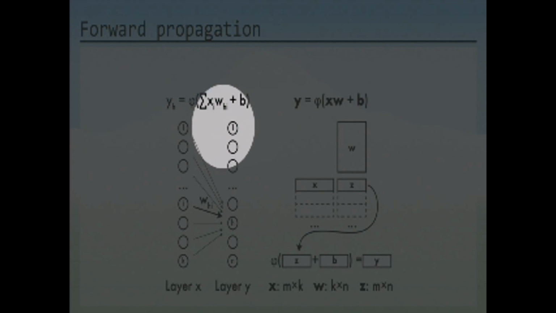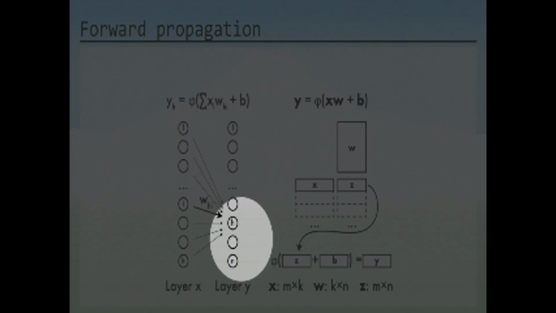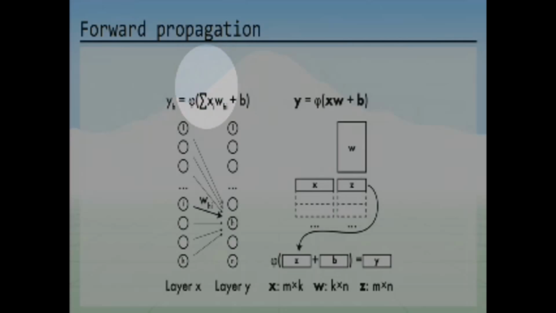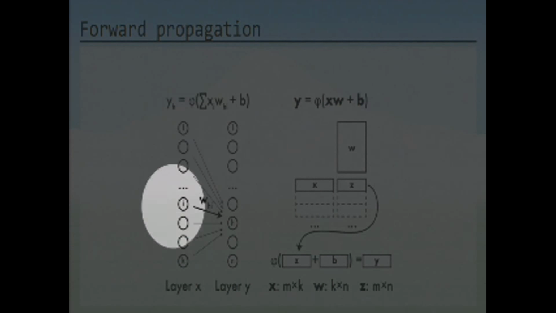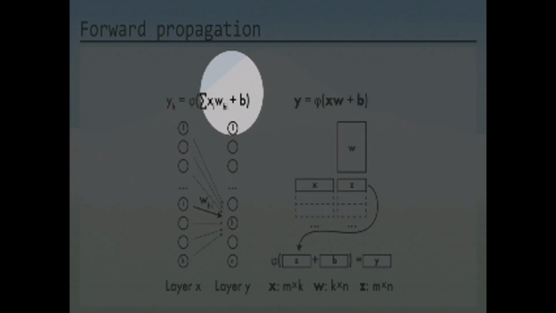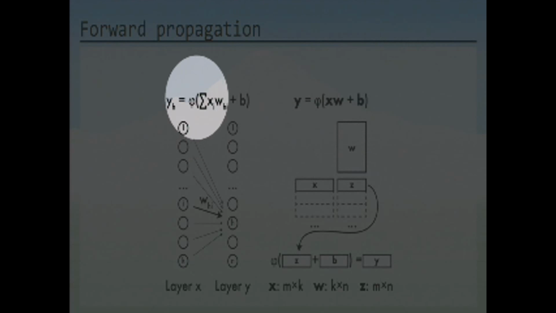So w_hi is the weight that connects input neuron i to output neuron h. We sum over all of our input neurons the value x_i by the weights w_hi, and we add on some bias term, because it's neural networks, we like biases.